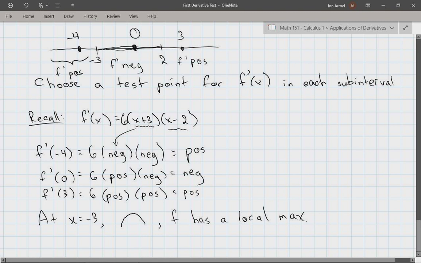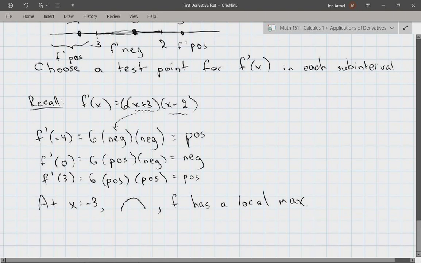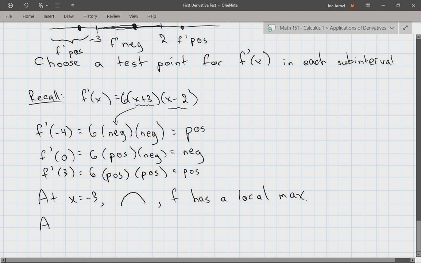And at x equals 2, it's the opposite. It goes from negative to positive. So at x equals 2, looking at this part here, the derivative changes from negative to positive. The function goes from decreasing to increasing. So f has a local min.